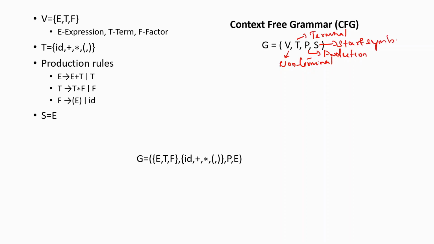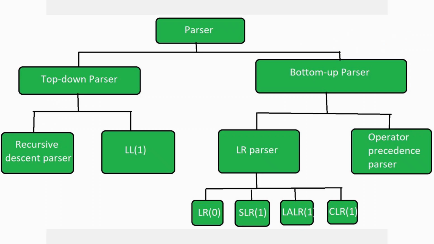If you see here on the left side, we have the non-terminals, which are the non-terminals from the production, which can be an expression, term, or a factor. And then we have the terminals. Next are the production rules. And finally, we have the start symbol of the particular production.